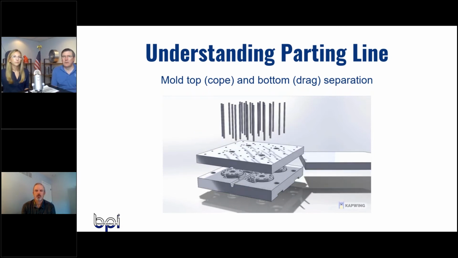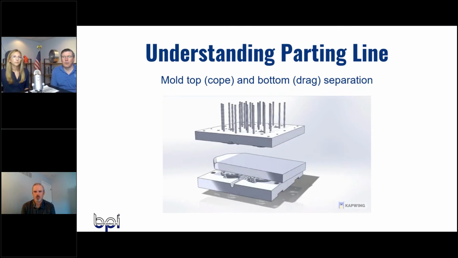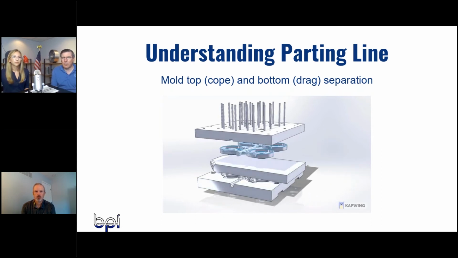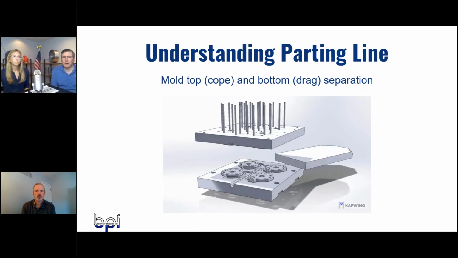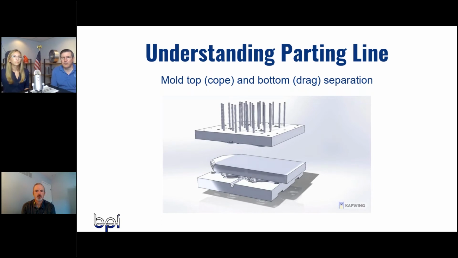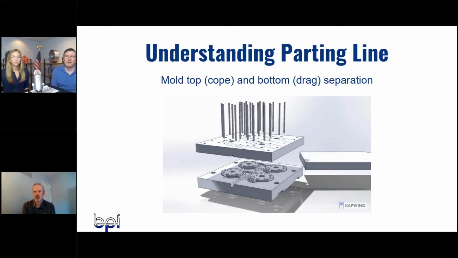This is typical of a permanent mold casting where the parts will stay with the top mold, the cope, and they'll be ejected by pins from that cope onto, in this case, a plate that we move into place to catch the castings. Okay.